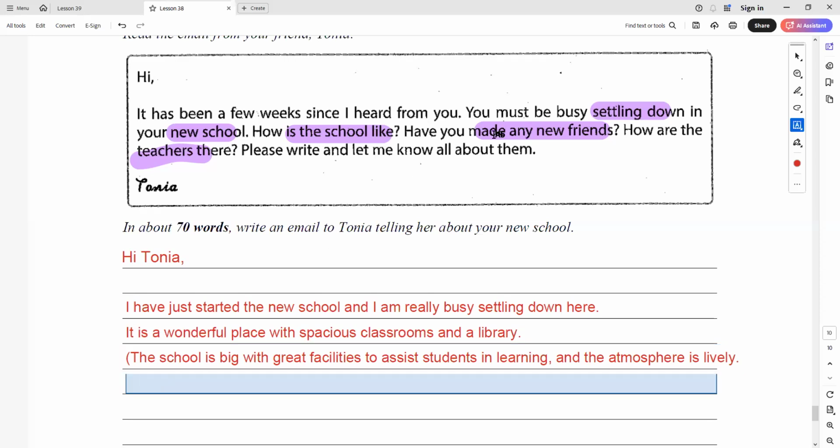So you're talking about the school. Now, have you met any friends here? So you try to share something about whether you met any friends here. Okay? The teachers are friendly here and they're very supportive, okay? And then I really met a lot of friends here, okay? I met a lot of friends here. Yeah.